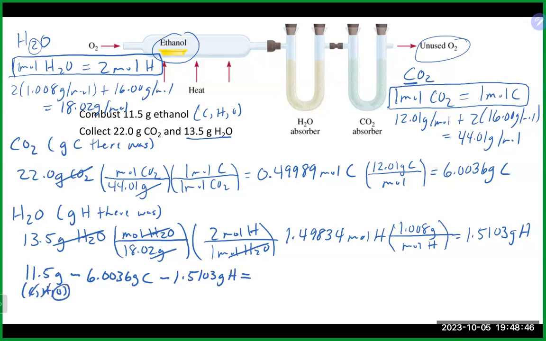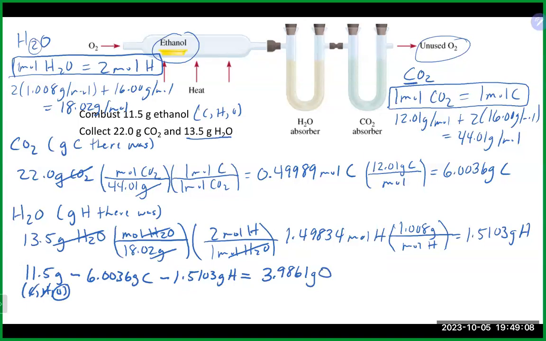That will leave me how many grams of oxygen there are. And that's 11.5 minus 6.0036 minus 1.5103. It's going to give me roughly 3.9861 grams of oxygen in this case.